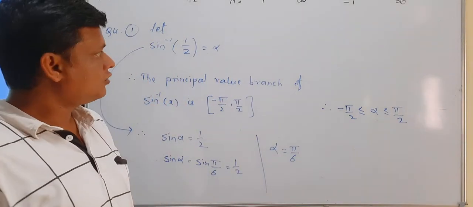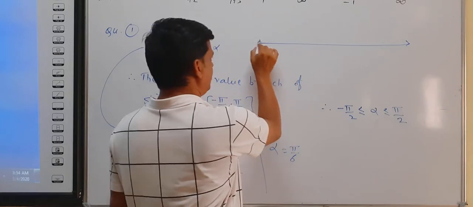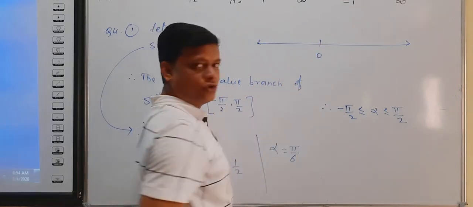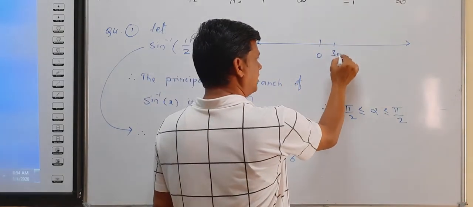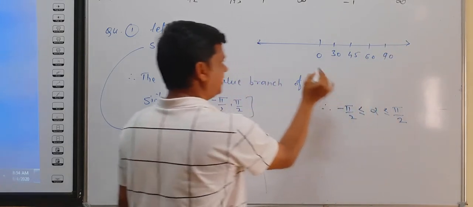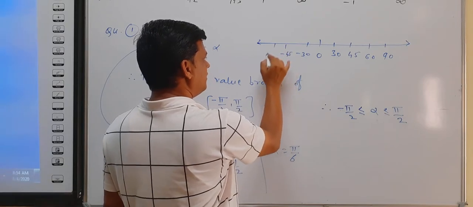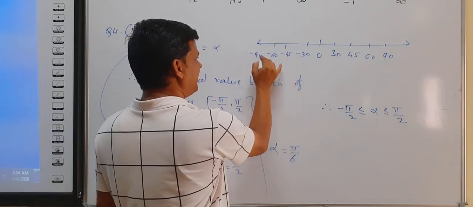You can also write it this way for your convenience. Here is 0, 30, 45, 60, plus 90. Here minus 30, minus 45, minus 60, minus 90.